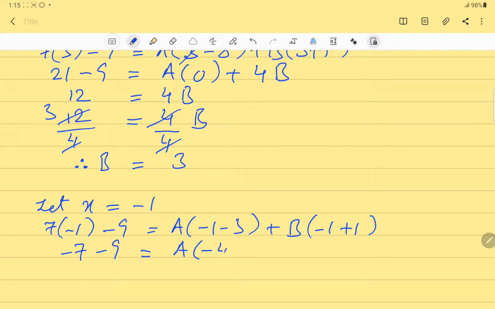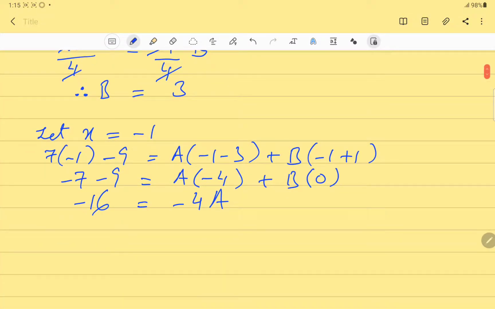So a into minus 4 plus b into 0. Minus 7 minus 9 is minus 16. It will be minus 4a, and b into 0 is 0.